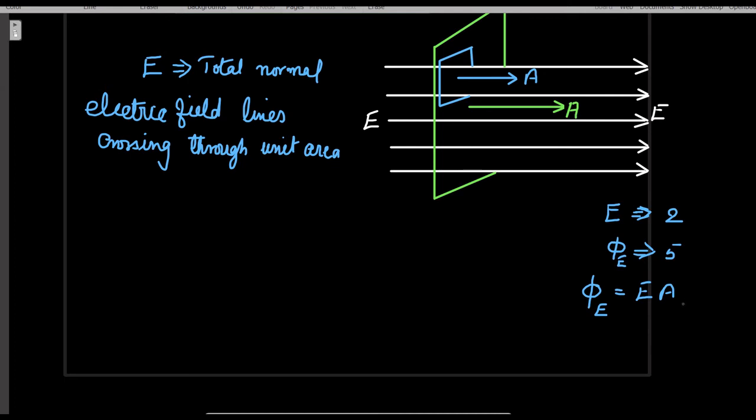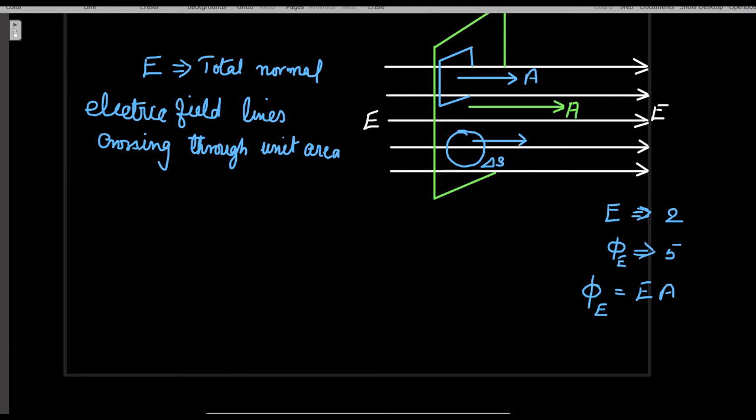Now mathematically, through an area, I represent a smaller area here. This is an area delta S. For that, the area vector is represented in the same surface.